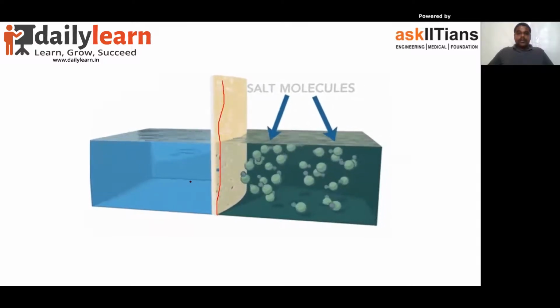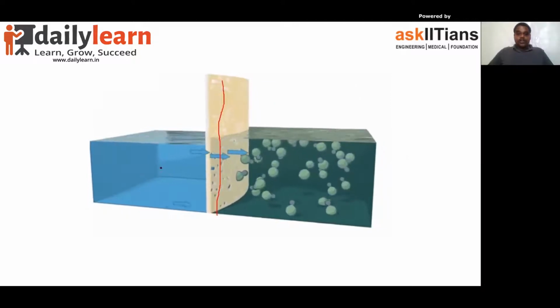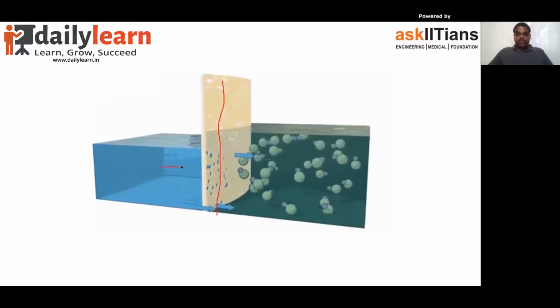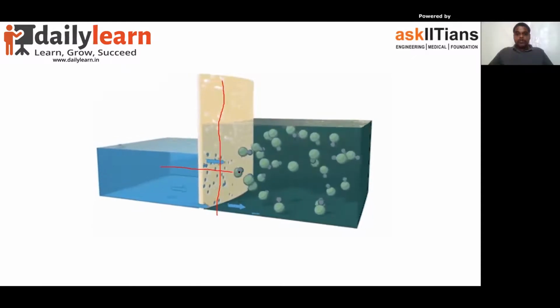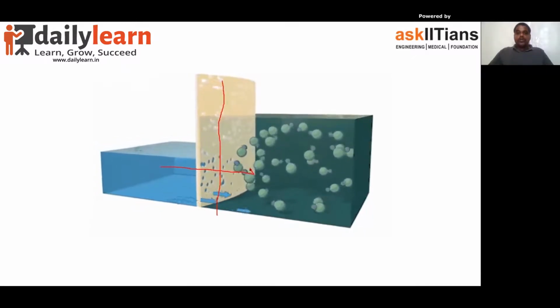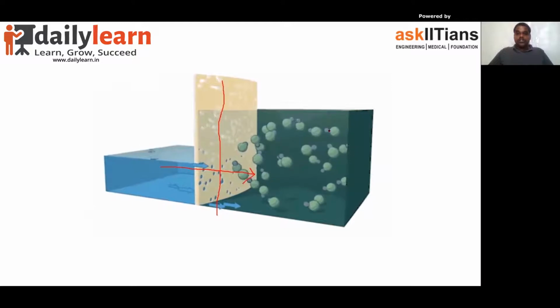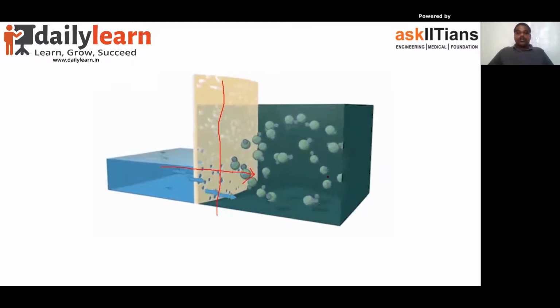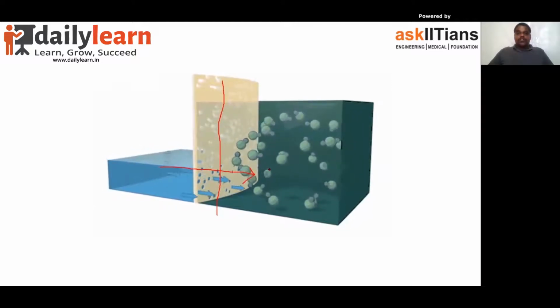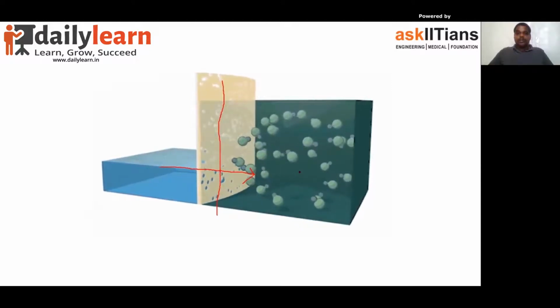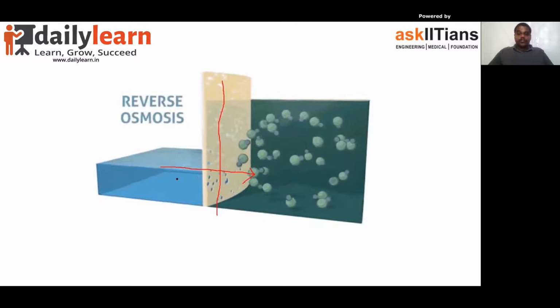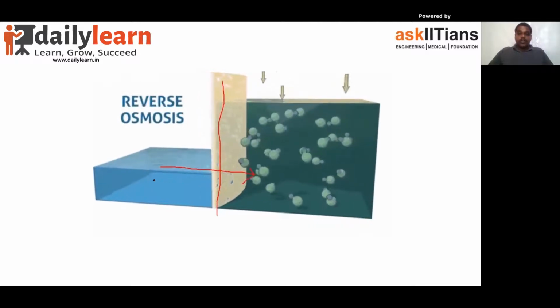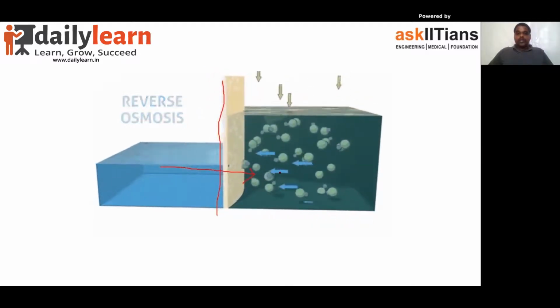The water is higher in concentration, so it moves through the semi-permeable membrane to the lower concentration, because of the salt present on this side, which makes the percentage of water less. So the osmotic concentration becomes different from the water. That is why water moves from one place to another through the semi-permeable membrane.